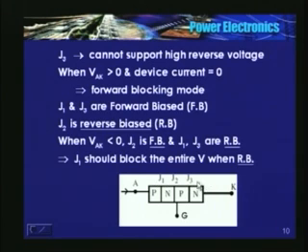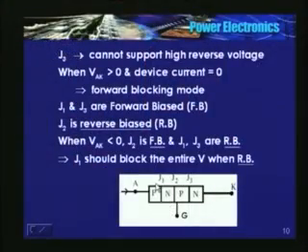Junction J1 is forward biased, J3 is forward biased, and J2 is reverse biased. So in the forward blocking mode, junction J2 is reverse biased. So the entire voltage appears across J2.